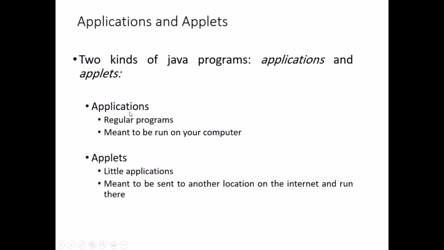If you do not intend to write a program that can be used around the world, then it's called an application. But if your intention is to develop a program that can be sent over the internet by browsers, then it is called an applet. When you write a program in Java, you specify which type. For applets you have to write specific commands, and for applications you have to write specific commands.